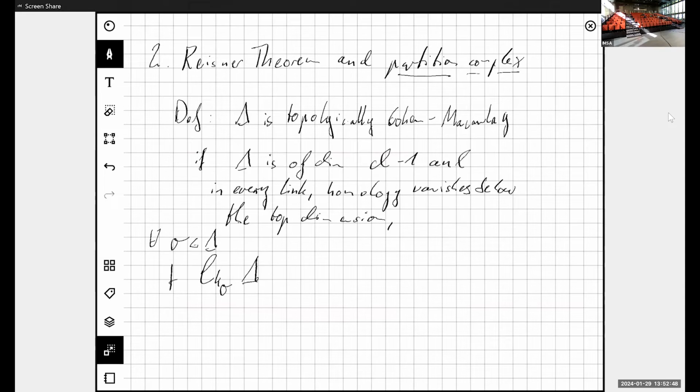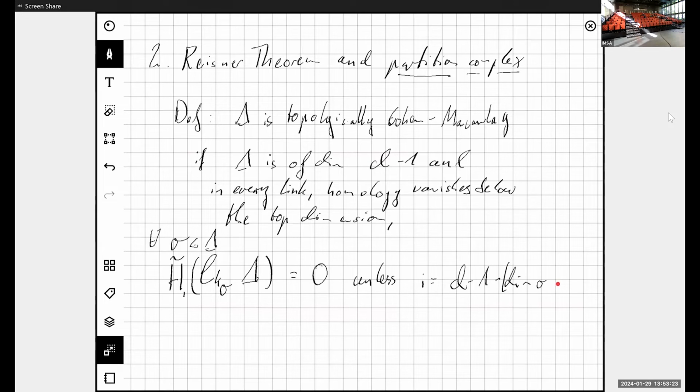I can look at the reduced homology of this object. And what I want to say is that this is 0 unless, okay, so now I have to get the dimension right, unless i is equal to d minus 1 minus the dimension of sigma.